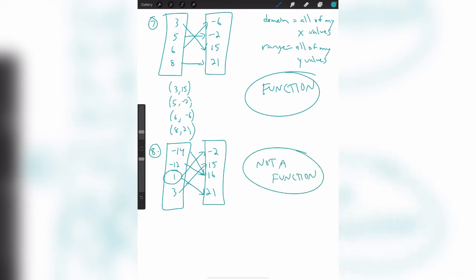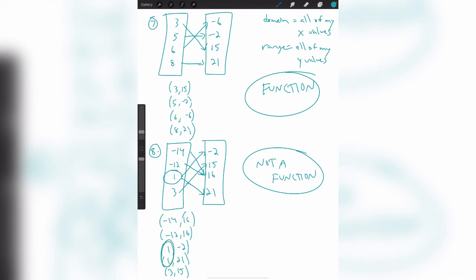And just to check it, I can write them out. My ordered pairs, I have -14 matched with 16, and then -12 went with 16 as well. Still not a problem, but the main problem is 1 going with -2 and 1 going with 21, 3 going with 15. The reason why it's not a function is I can't have 2 x values.